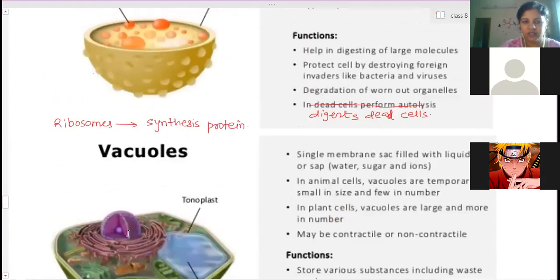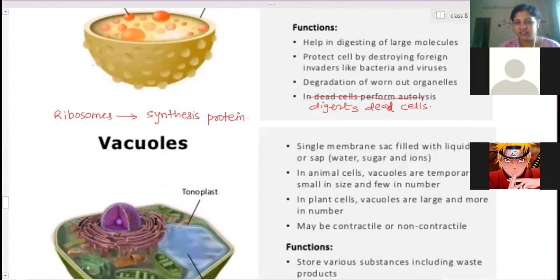Here you can see this is the nuclear membrane. Due to the presence of the nuclear membrane, all the nuclear material, the chromatin network, the thread-like structures, are well protected inside the covering. But in the prokaryotic cell, this nuclear membrane is not present, due to which the chromatin network is scattered in the cytoplasm.